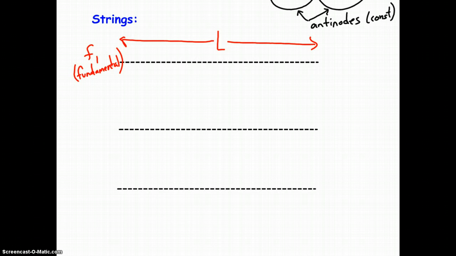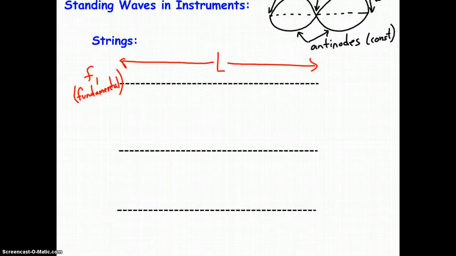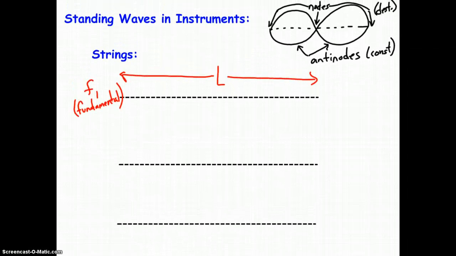Now, looking at our standing wave, our complete standing wave, we note that each end on our stringed instrument, let's just say it's a guitar, for example, one end of the string is fixed, the other end of the string is fixed. What that means is a node is required to exist whenever we have a fixed end.